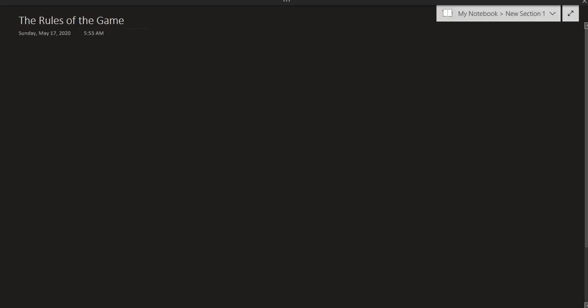In this section we're going to be discussing the rules of the game, or what are the different rules of finding derivatives of functions that we should know before actually finding derivatives. So the first rule is, and we are going to only differentiate with respect to x most of the time.